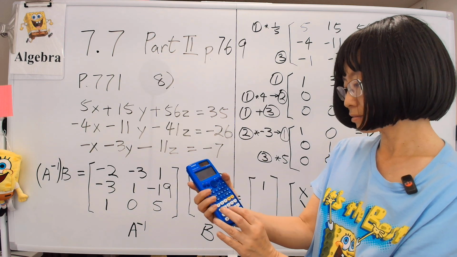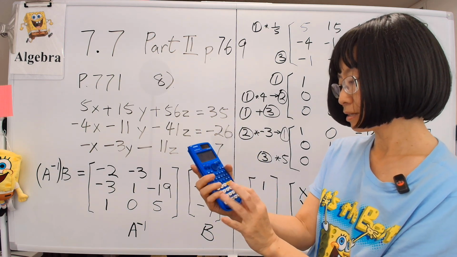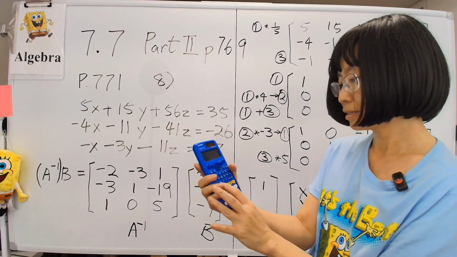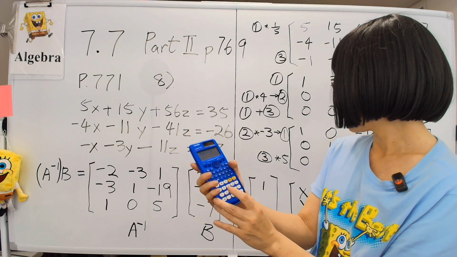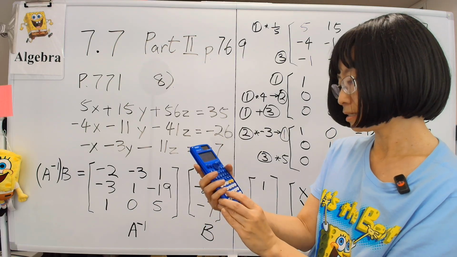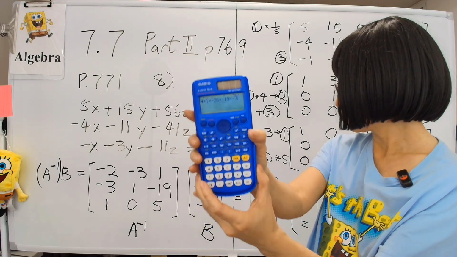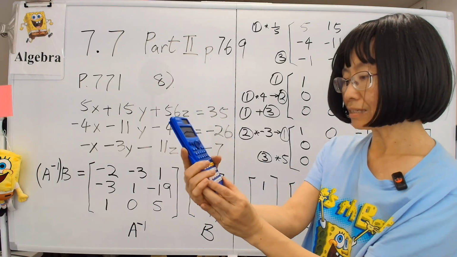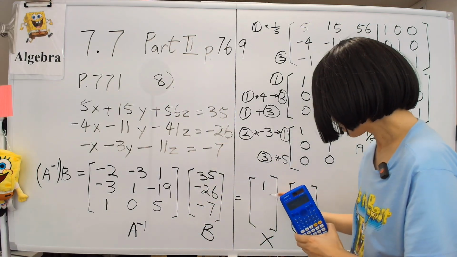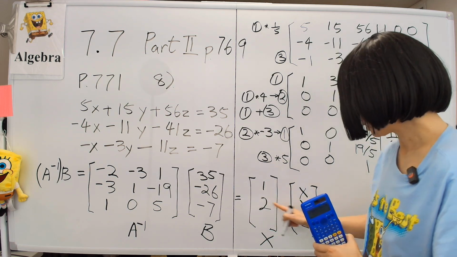Negative 3 times 35, and then plus 1 times negative 26, and then plus negative 19 times negative 7. And that's about it. So let's push enter, and that equals 2. All right. So after all that mess, we got 2. That means Y should be equal to 2.